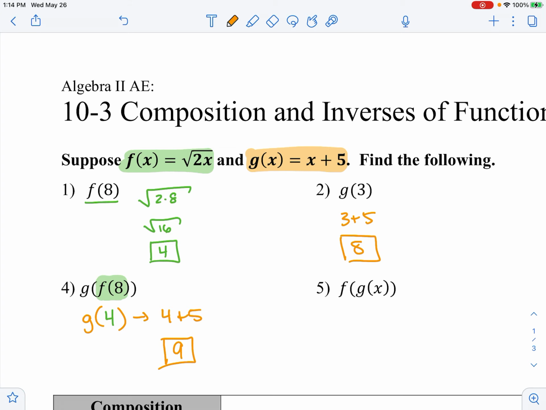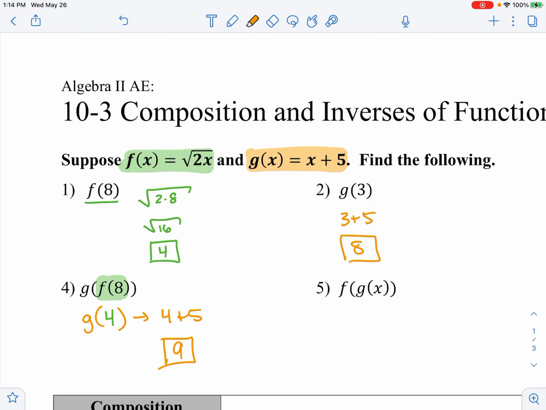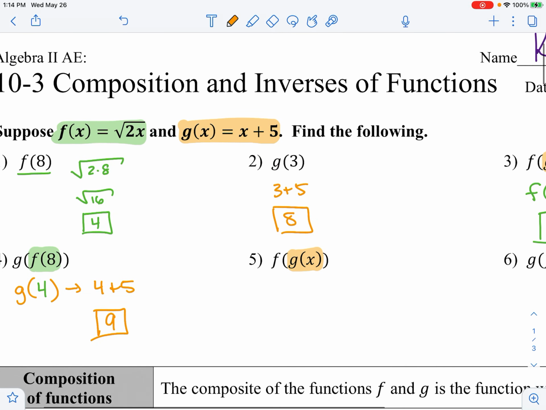We can take this one step further, though. We can do this without knowing those numbers. So f of g of x. Well, what is g of x? G of x is x plus 5. And what do I want to do? I want to plug that into my f equation.